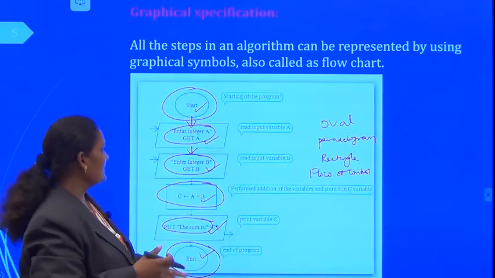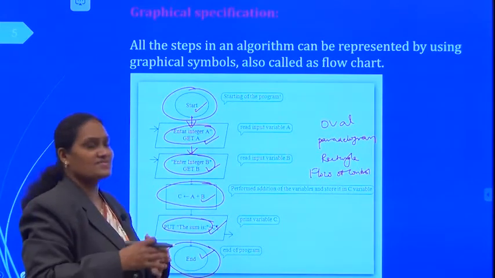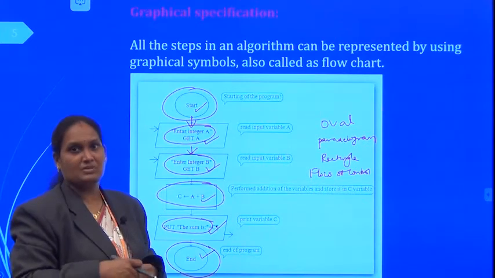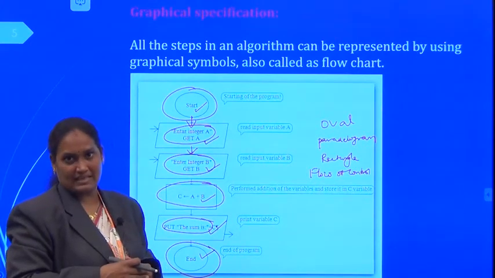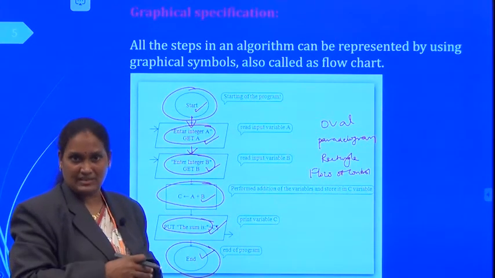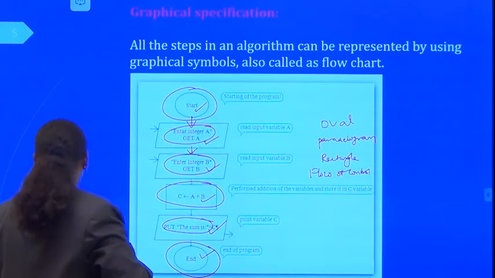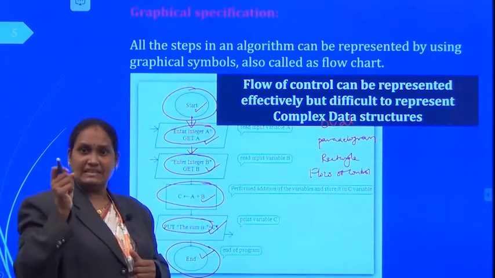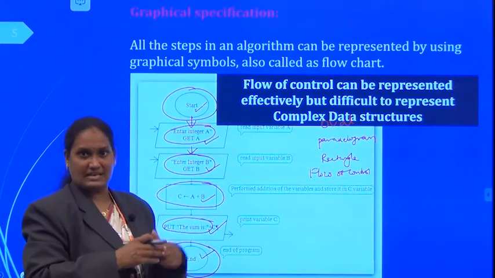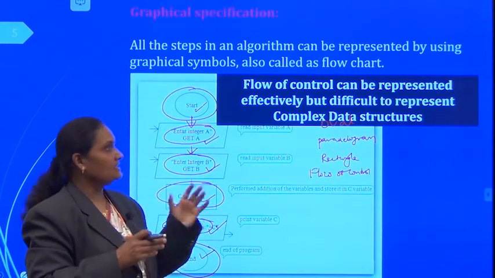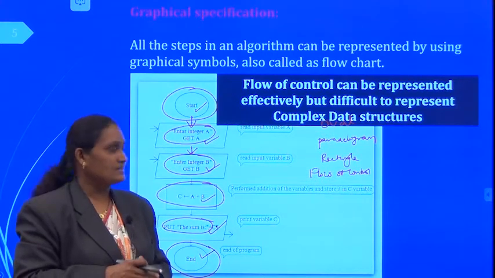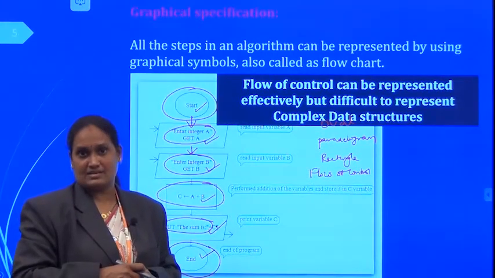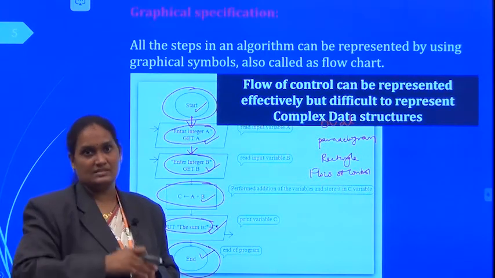So like that we can use various graphical symbols for the representation of steps in an algorithm in case of graphical representation. Now the flow of control can be represented effectively in case of this graphical specification, but it is difficult to represent some complex data structures such as graphs and trees.